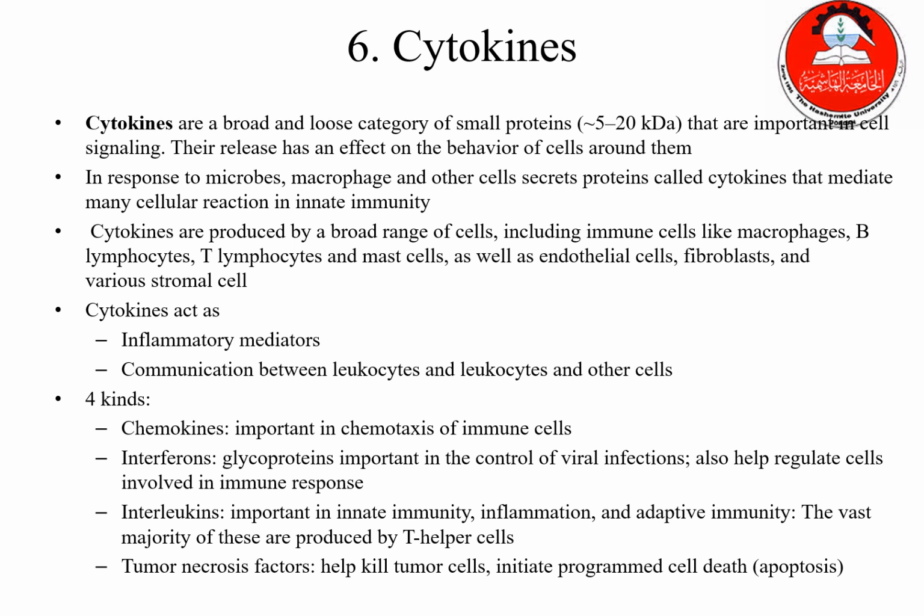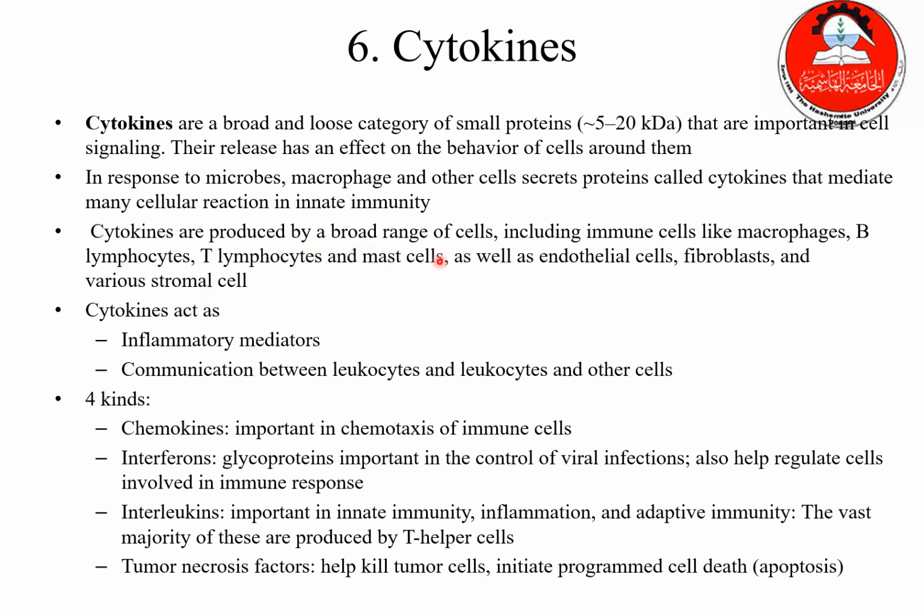So, as a result of presence of microbe, the innate immune cells are going to produce cytokines. These cytokines are released from this cell to affect and protect the same cell, or to protect nearby cells, or even sometimes to protect distant cells.